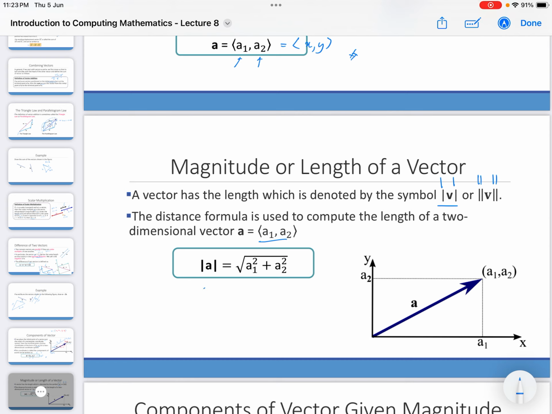So the magnitude of A equals the square root of A1 squared plus A2 squared. Or if this one is the x, y coordinate, this equals the square root of x squared plus y squared. We use the distance formula because we want to find this length: the x displacement squared plus the y displacement squared, and then square root.